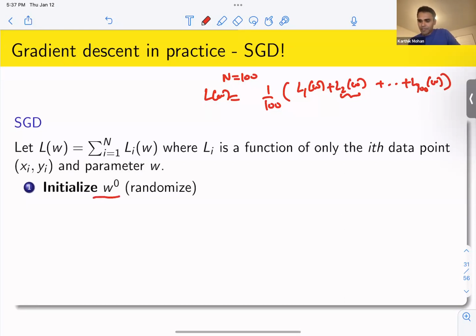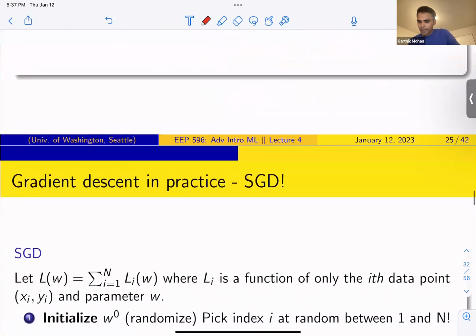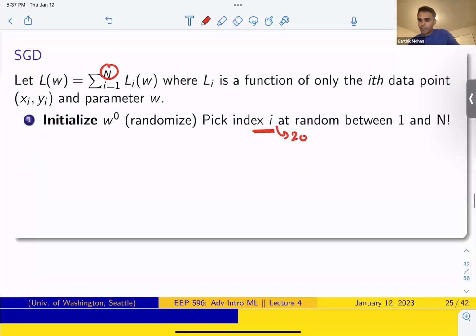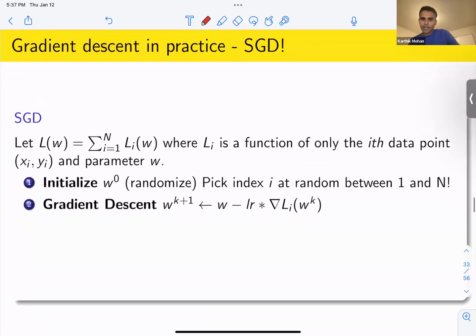So initialization is the same. Initialize your parameters. So let's say you have 100 dimensions to the parameters. You initialize it at random. And then you pick an index i between 1 and n. So there's n data points. So pick some index, maybe i is 20. So I'm picking the 20th data point and seeing what I can learn from it. So I'm learning from all data points, right? But in stochastic gradient descent, you learn one data point at a time.